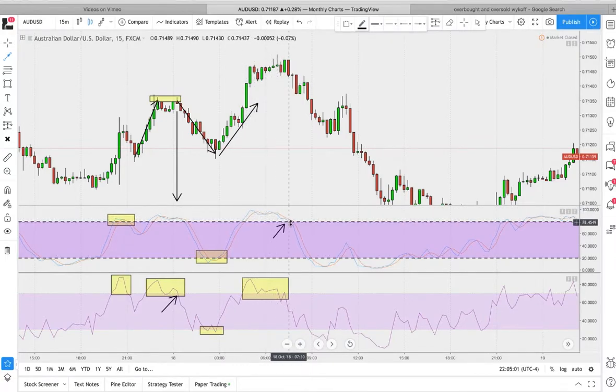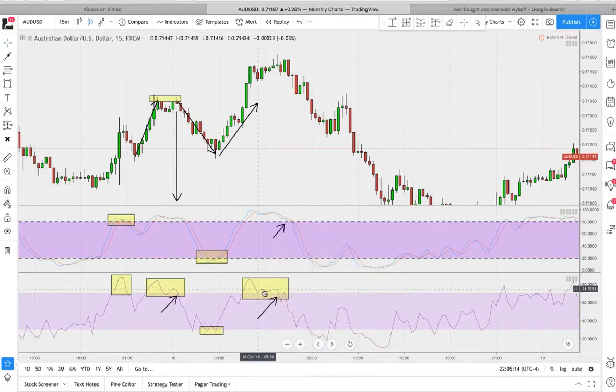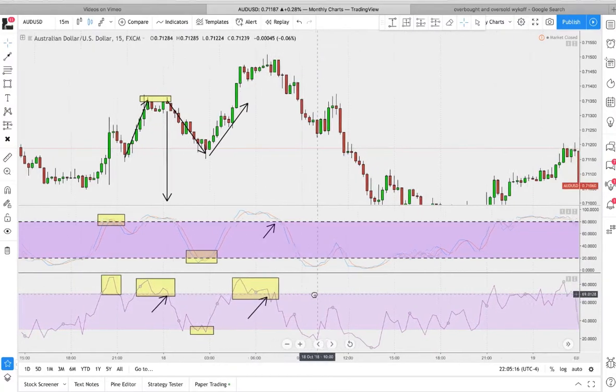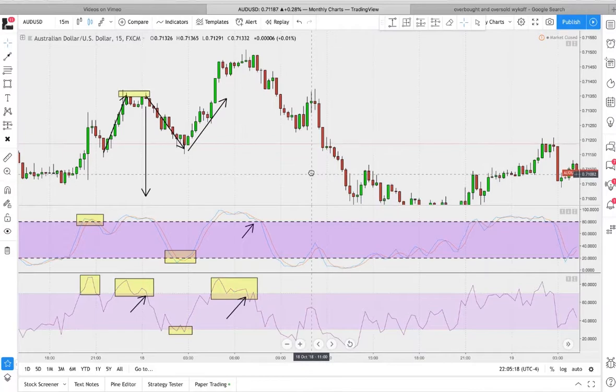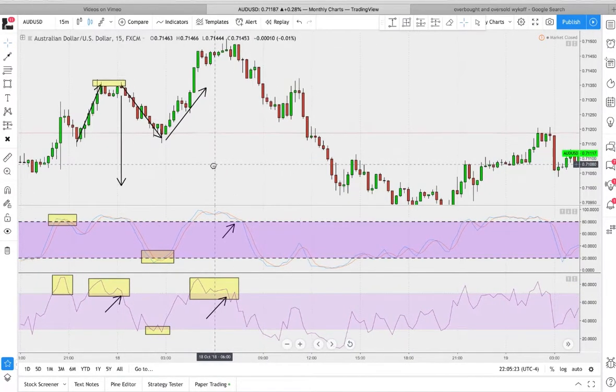Very easy to be overbought here and know that the market's going to reverse. The harder part for some traders may be knowing exactly when it's going to reverse, when these are going to start to exit the oversold or exit the overbought stage. That's the harder part to deal with in some techniques like this.